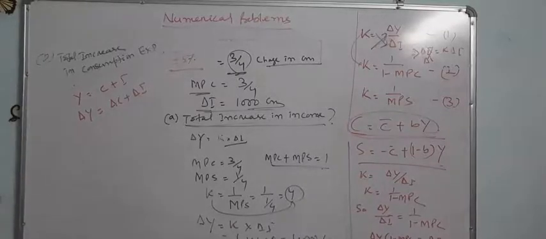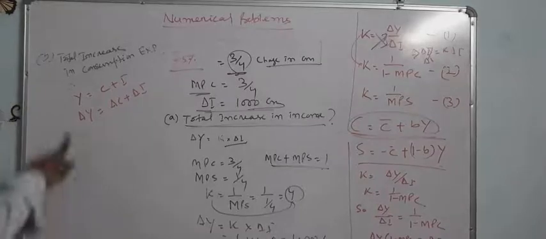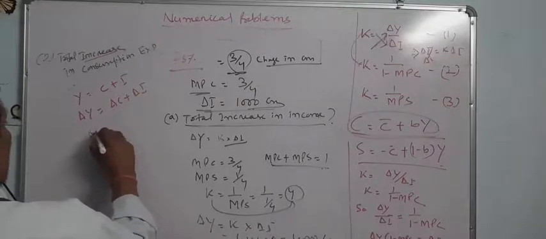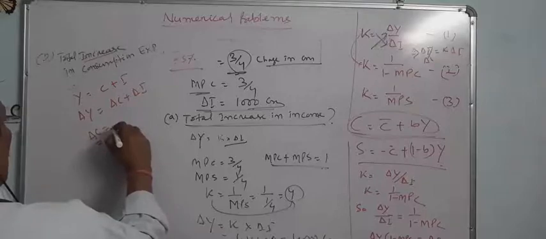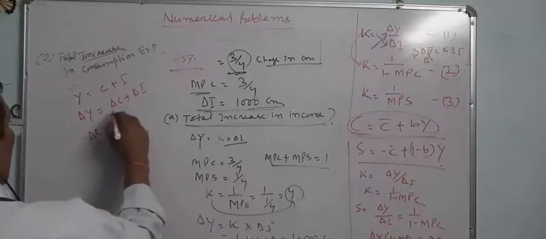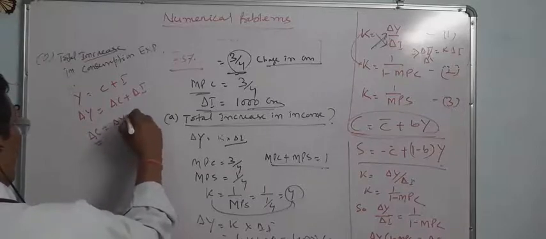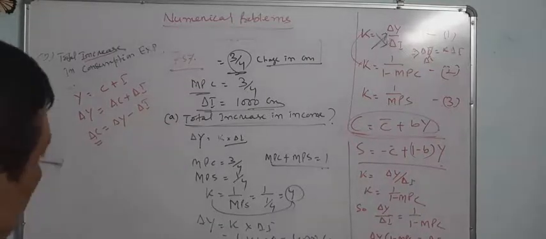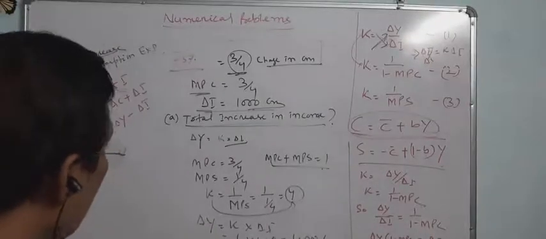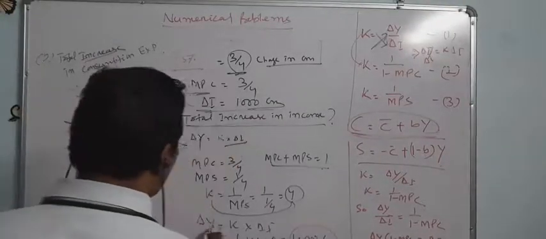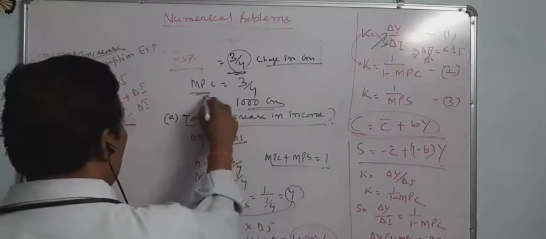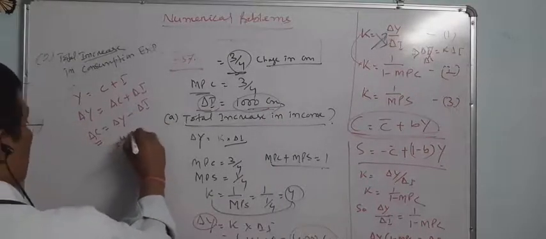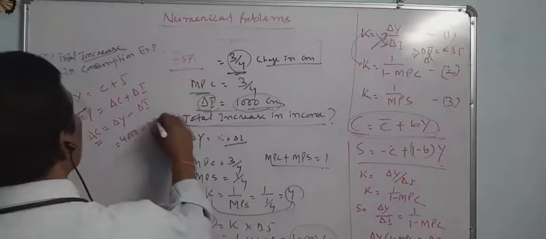Or we may say that the question is asking the increase in consumption, which means delta C, which is equal to delta Y minus delta I. Here delta Y is given as 4000 crores of rupees and delta I is given as 1000 crores of rupees.